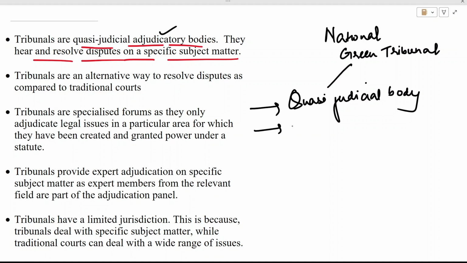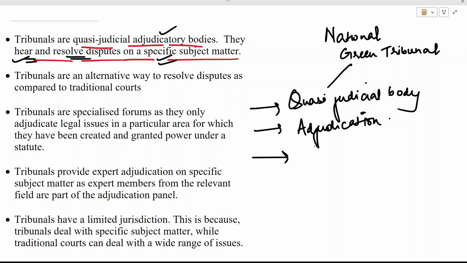A tribunal is an adjudicatory body which resolves disputes just like courts do. Okay, so this is how it resembles a court. Remember, I just told you that quasi-judicial bodies are bodies which are somewhat like courts. In a simpler way, they resolve matters just like courts do. That's how they perform adjudicatory functions.